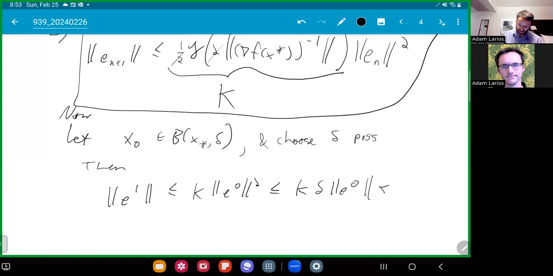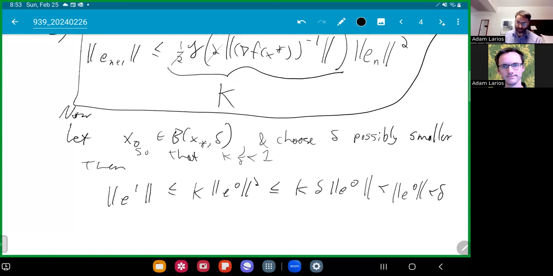Forgot to mention this. So that k times delta is less than 1. So then this is less than E0, and that's less than delta.